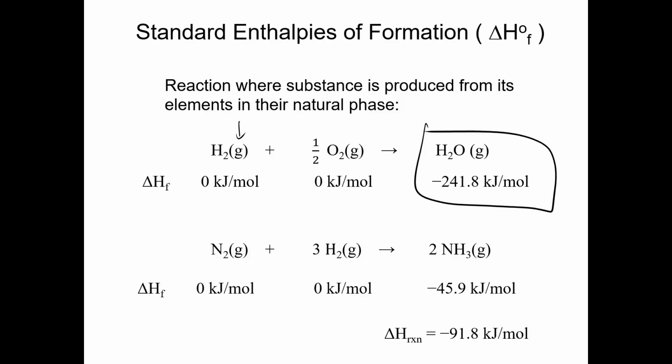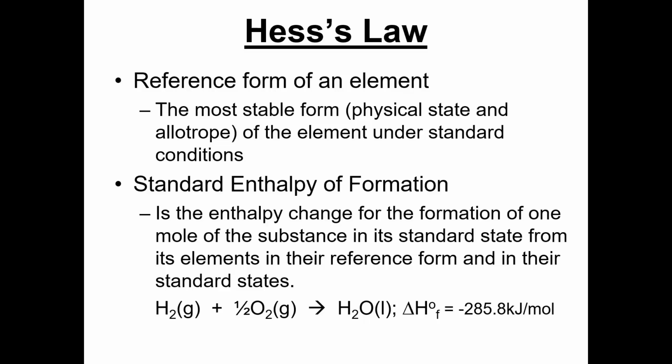If you don't have a good feeling for what they are, the value listed here for ammonia is negative 45.9 kilojoules per mole, right? Then since this reaction, once it's balanced, has 2 moles of ammonia produced, the delta H for the reaction here is negative twice that, negative 91.8 kilojoules.